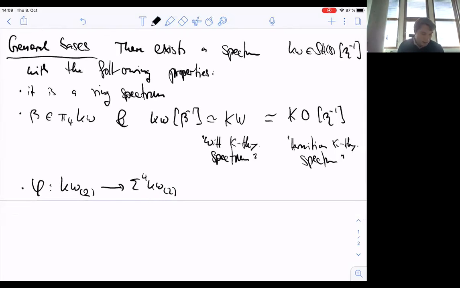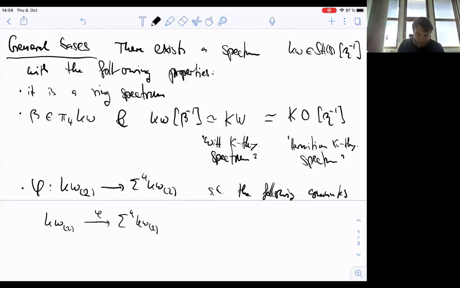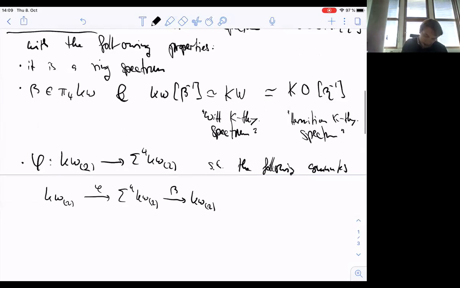Okay, and so this is related to Adams operations in the following way. I can start at KW and do my phi operation, so I get into this suspension. Then I'm going to undo the suspension by multiplying by beta. On the other hand, I could just go to my Witt K-theory spectrum here also.